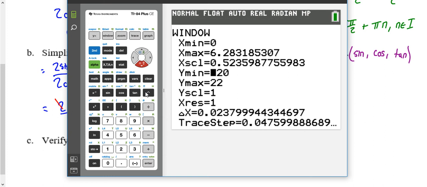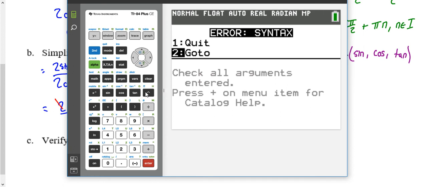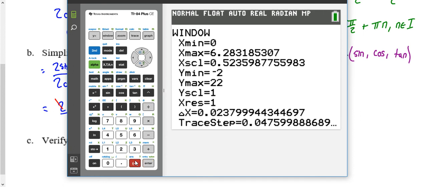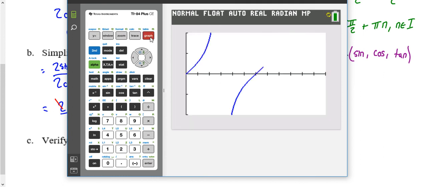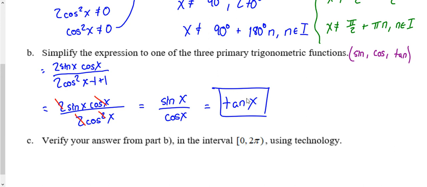The lowest we really need to go is -2. Ooh, I used -2 by mistake. -2 and 2, going up by 1 should be sufficient. And there we go. That's going to be our graph. That's y1, y2. Notice that they overlap, so they do check out. This tan x, our simplified expression, does match up with the original.